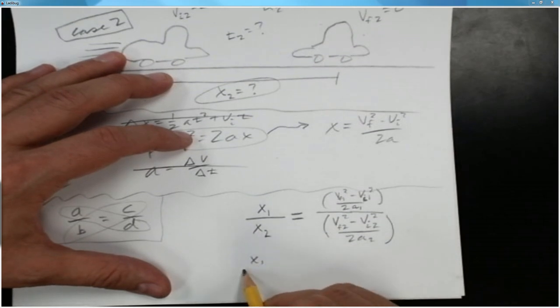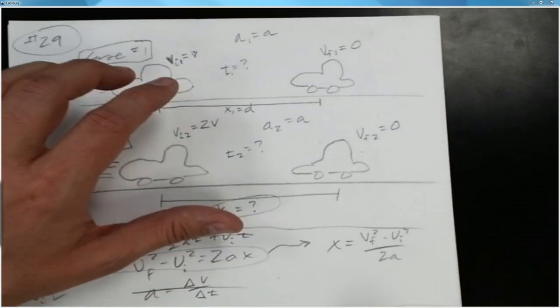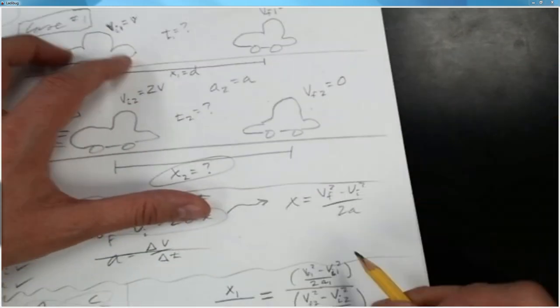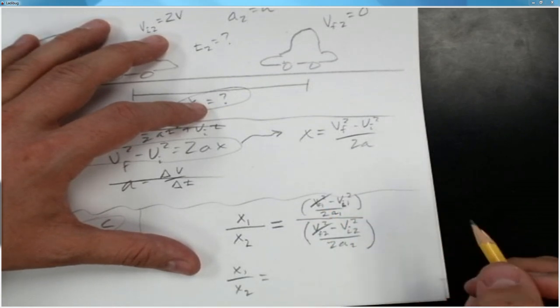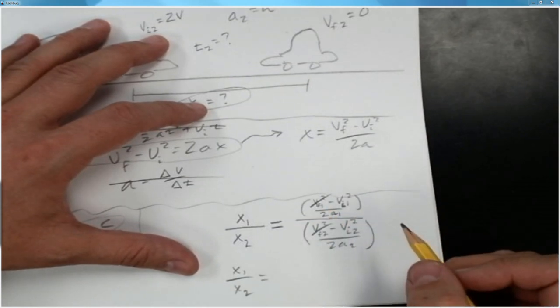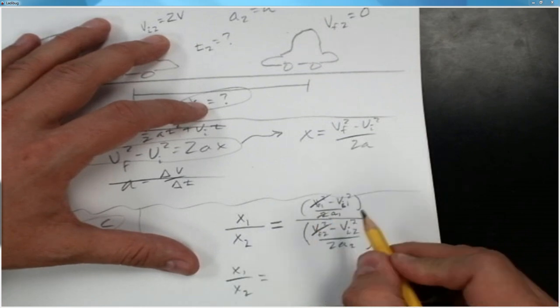So x1 is to x2 as, well, the finals for both cases are 0, so I'm going to cross them out. And the 2's are the same in both cases, so I'm going to cross them out.